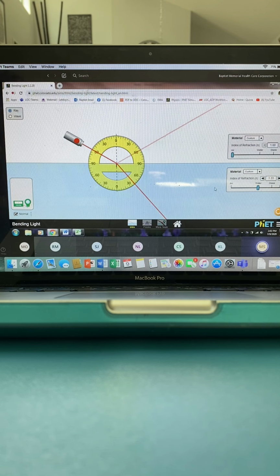If you are changing the water media to the glass media, exactly the same experiment you can do, and then you can calculate the index of refraction. If it is water media, then 1.33, we already got the result 1.32.